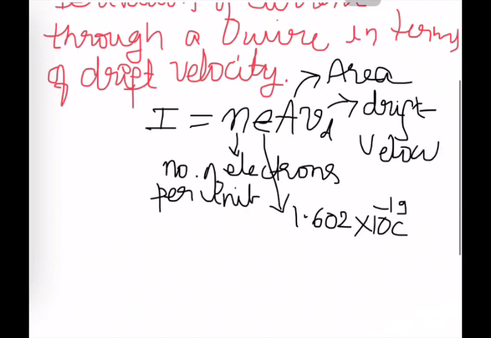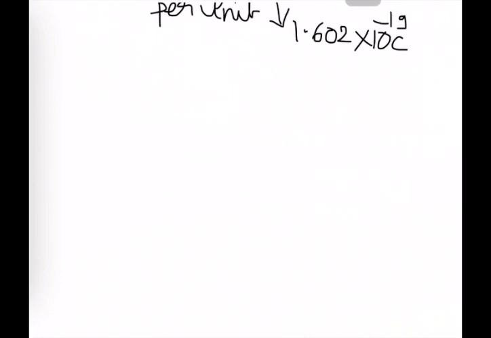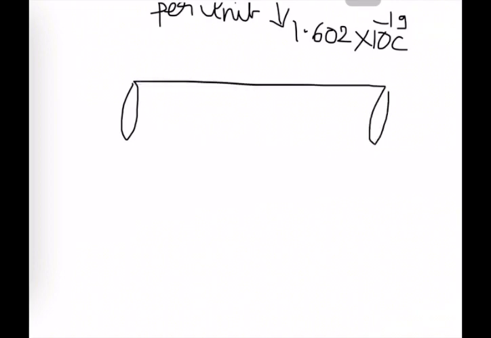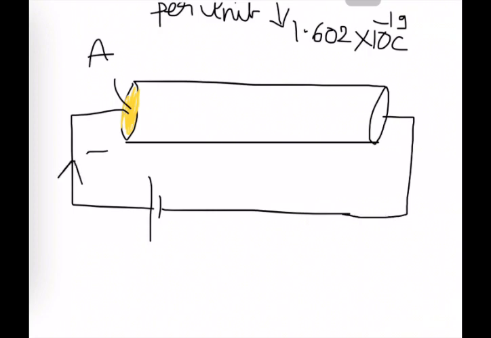So you have to derive the expression I is equal to N E A V D. Now let us take a conductor of area of cross section A, connected to the positive and negative terminals of a battery, which drives the current I through the wire.